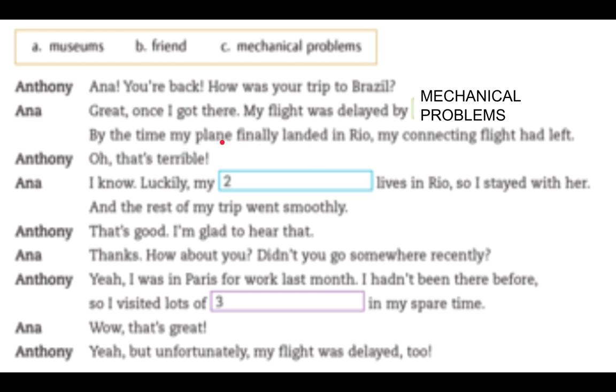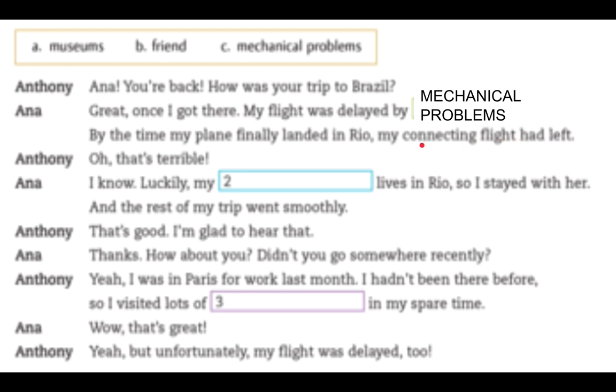By the time my plane finally landed in Rio, my connecting flight had left. So she had a connecting flight. Her flight went to Rio, then she had to take another flight to go to another city, maybe Sao Paulo or to Manaus in the Amazon. I don't know. But her plane finally landed in Rio but it was late and her connecting flight had left.